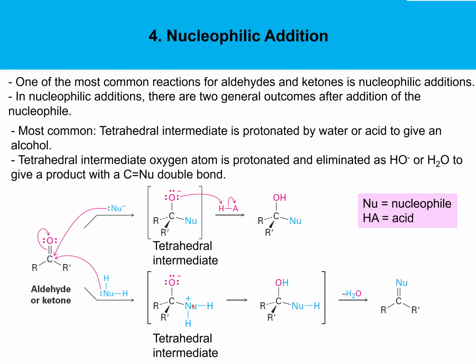So usually the proton transfer occurs where this oxygen is first protonated by the amine that just added in the tetrahedral intermediate, and then the lone pair on the nitrogen will push out the water molecule to give us a double bond between carbon and the nucleophile. In most cases, this will be a nitrogen that just added from an amine.